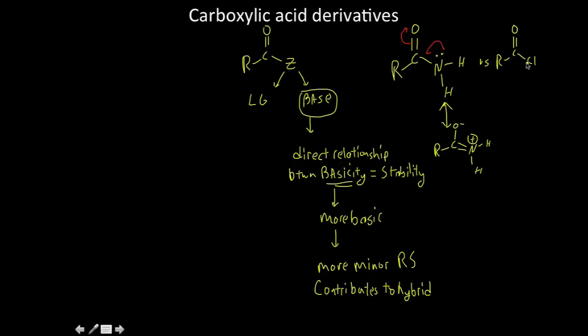Now, chlorine is not really a strong base to begin with, and if I were to draw it donating to there to give us a positive formal charge on chlorine, that's going to be far less stable than this, but it is something that can contribute to resonance. I can even form a species like this and isolate it. I don't think you could ever isolate a compound that would have chlorine with a positive formal charge.